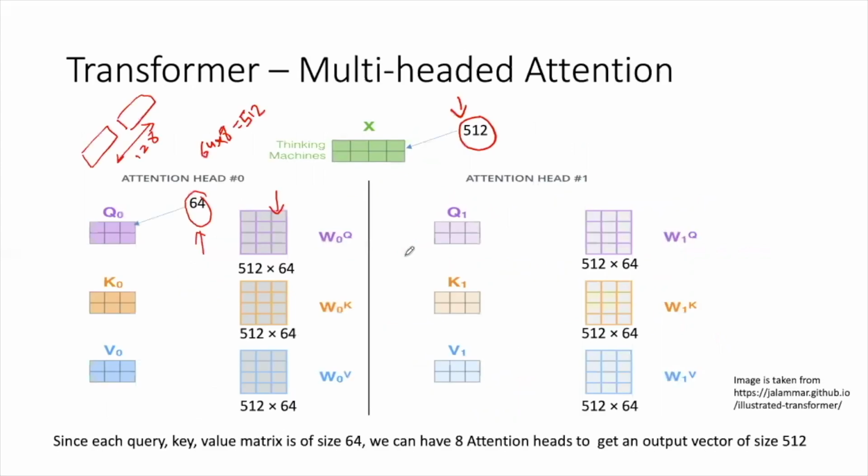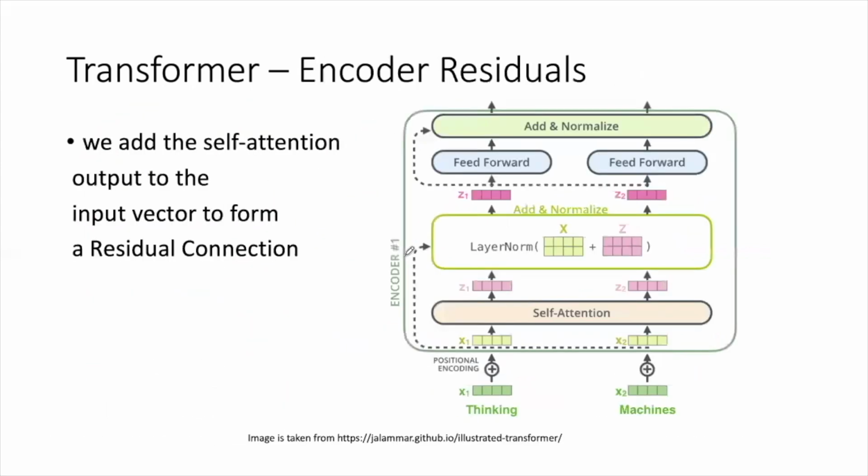We have a layer normalization layer in between, which normalizes the contextual representation for each word. It first calculates the addition between the contextual representation and the original input x1. So z1 plus x1 generates a new vector. Similarly, z2 plus x2 gives a new vector.